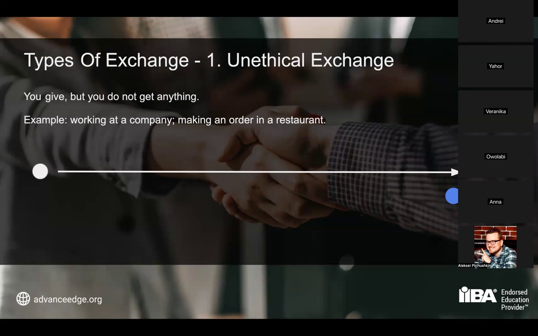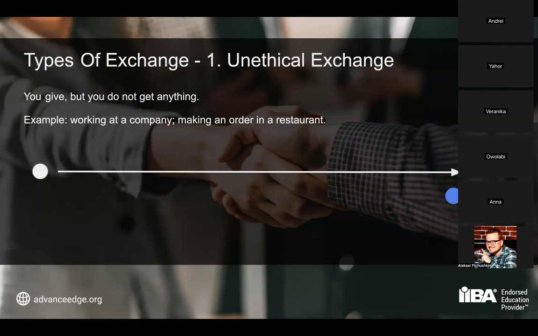And originally, those four types were designed for companies and to promote the idea of how companies should treat their customers in order to have more customers and to have returning customers so that customers come back and spend money with the same company again. But if you think about these four types of exchange, you can obviously see how the same idea can be applied to professional development. Let's start with the first type of exchange.